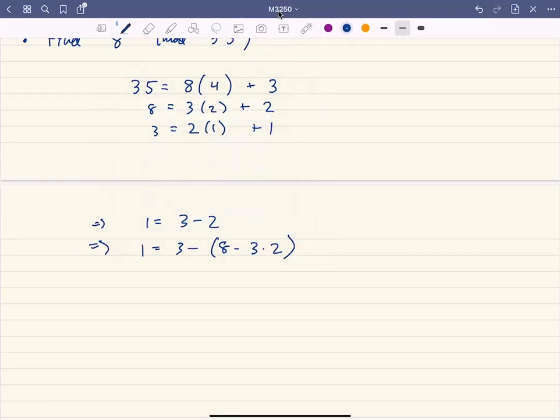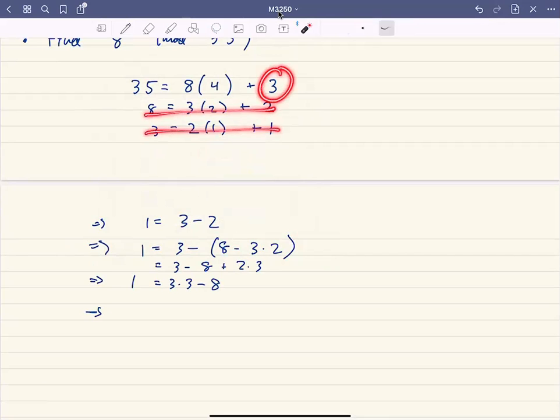So this is going to be 3 minus 8 plus 2 times 3. So that's 3 times 3 minus 8. Okay. And then we're done with these two, and we'll move on to the next one.